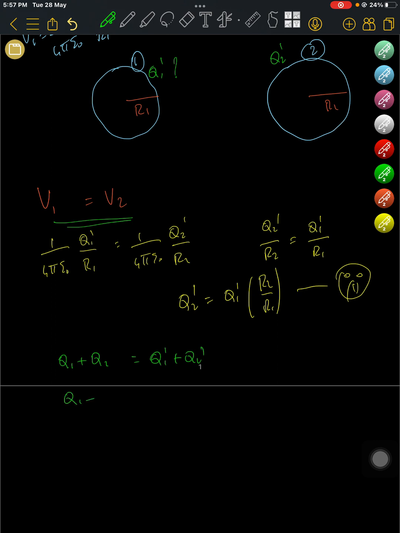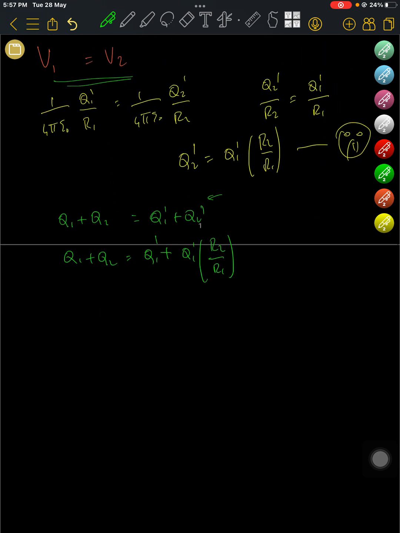Let's substitute for q2 dash from equation number 1. So q1 dash plus q1 dash into r2 by r1. Taking q1 dash common, q1 dash (1 + r2/r1) equals q1 plus q2.